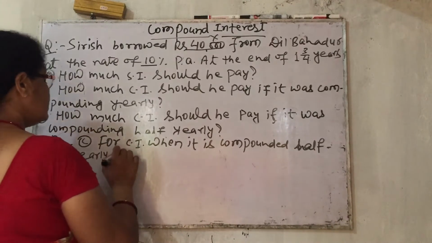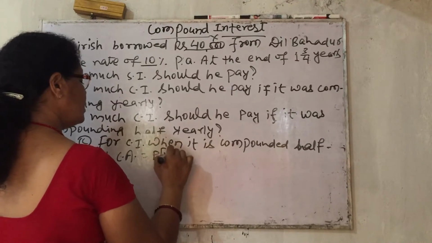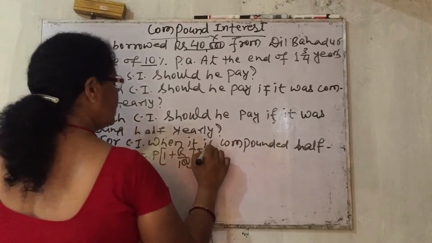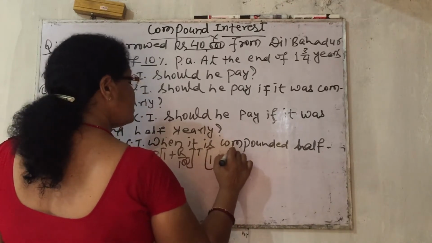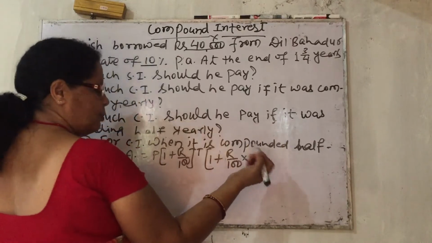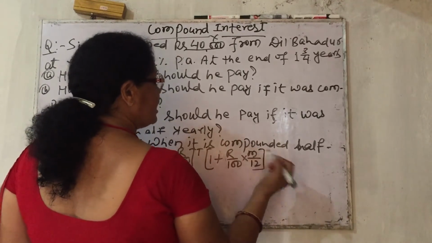Then CA, I am finding out CA equal to P into 1 plus R by 100 to the power T into 1 plus R by 100 into months. How many months we have? So months by 12 we can write down.